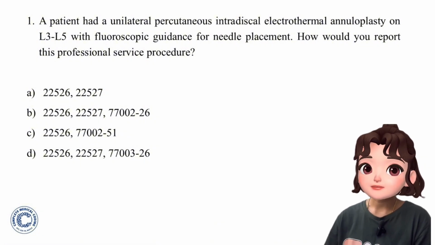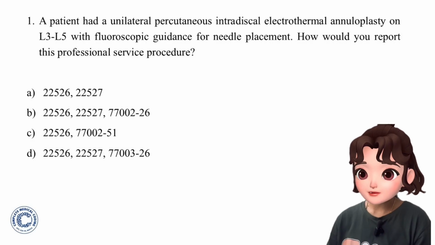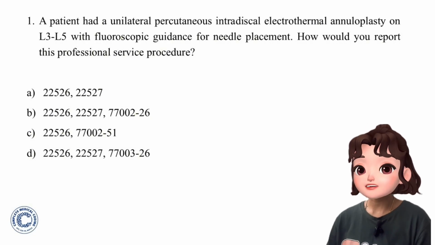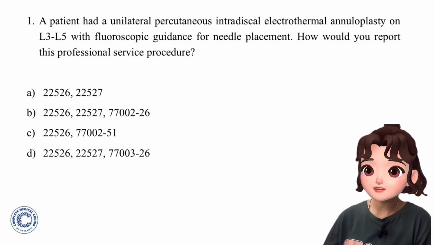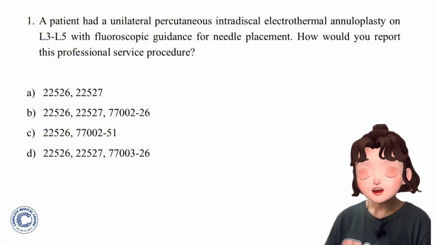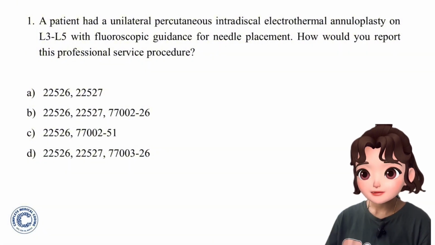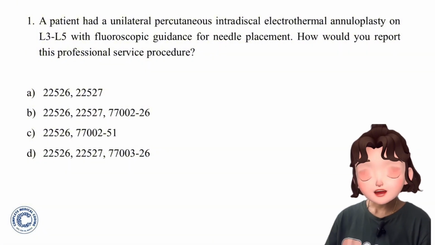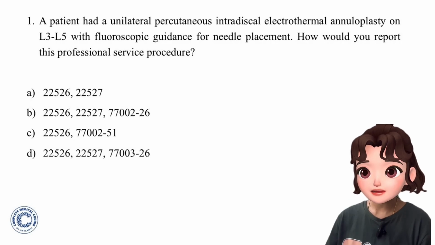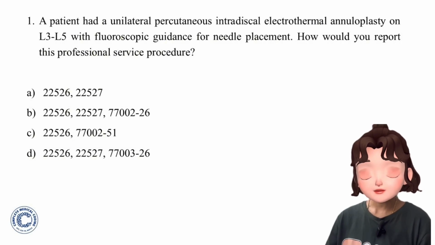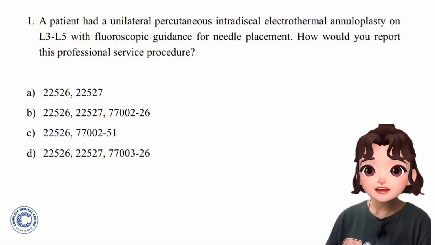Let's go to the codes one by one. Open your CPT code book, please. The first option, first code, 22526. What is 22526? Percutaneous intradiscal electrothermal annuloplasty, unilateral or bilateral, including fluoroscopic guidance, single level.